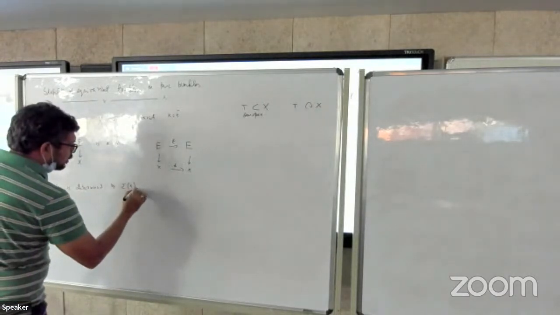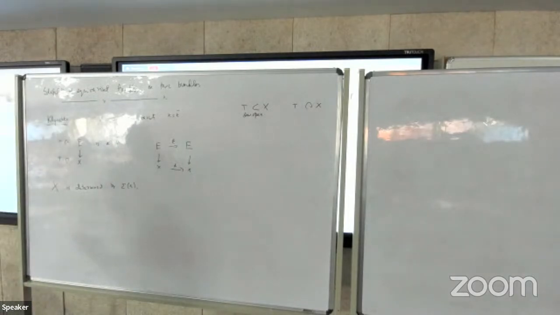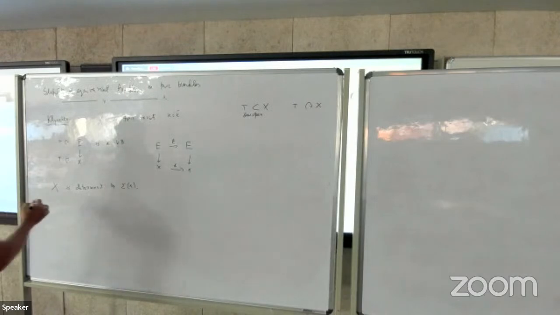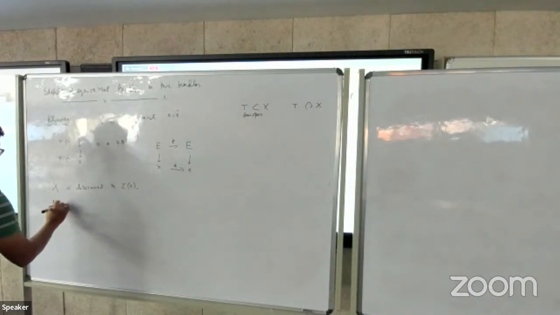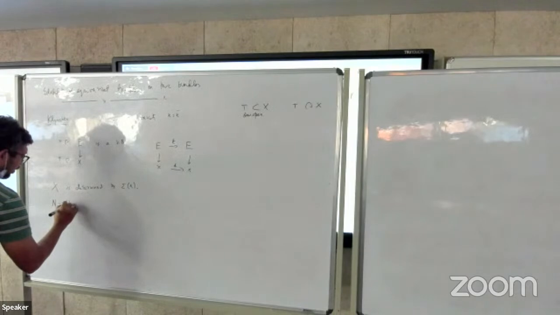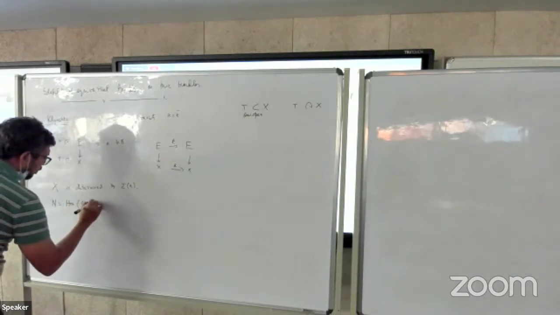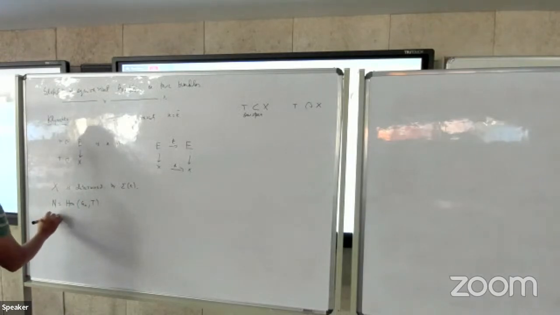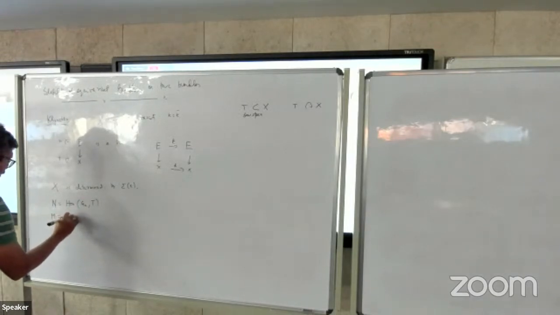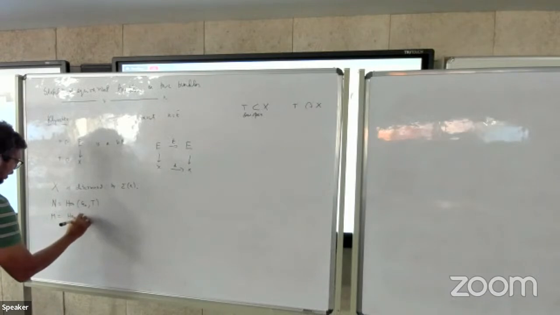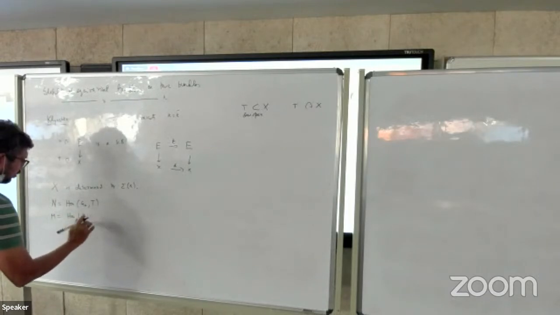Let's denote N to be the lattice of one parameter subgroups, and M is the character lattice, and M and N are dual to each other.